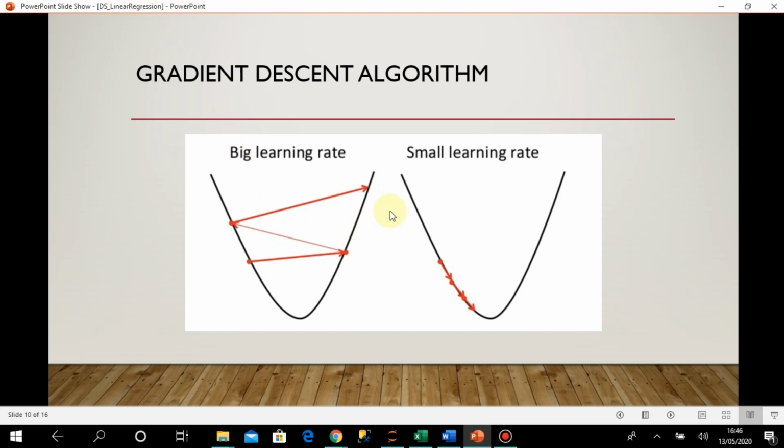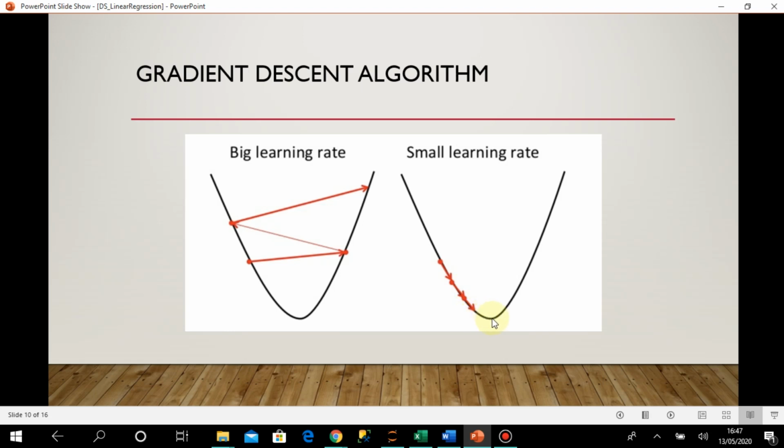I can be anywhere in this curve. Suppose I am here, so how do I know that I have to reach the global minima? Actually how this algorithm works is it makes very small changes in the values of m and b, then it calculates where it reaches. This way, by making small changes, I can reach here.